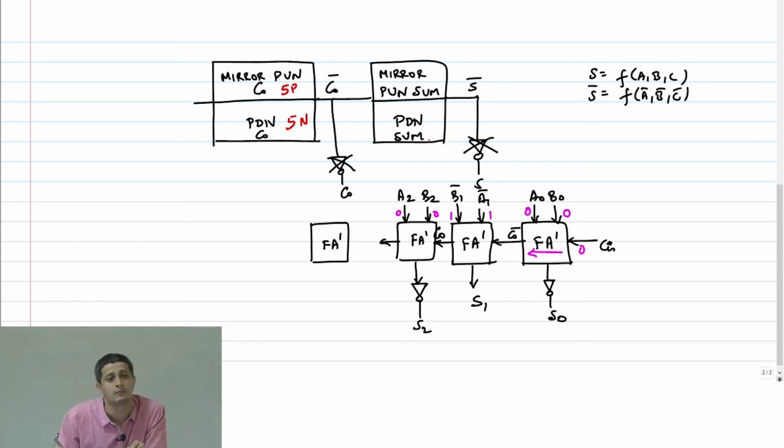What about the sum? 7 NMOS, 7 PMOS. Assuming that I also had to generate the actual Cout and sum, I would need 1 NMOS here, 1 PMOS here, 1 NMOS here, 1 PMOS here. So total number of transistors is how many? 14 plus 10 plus 4, right? 28 transistors.